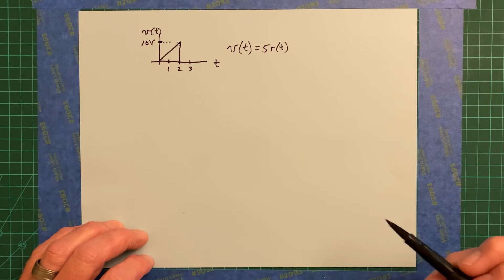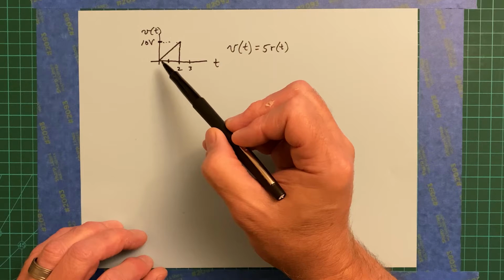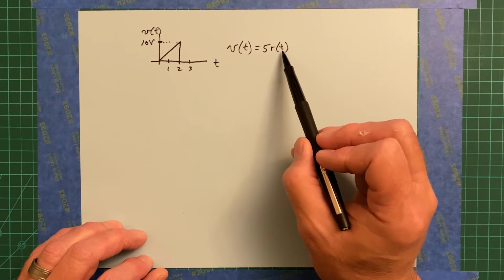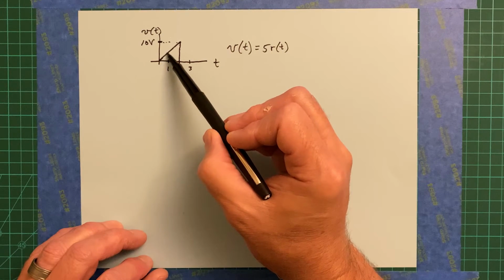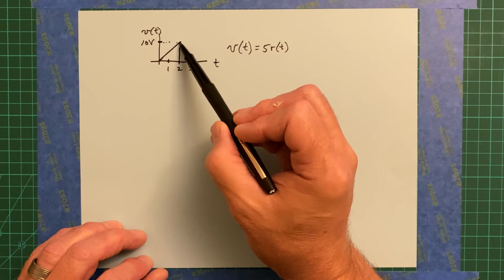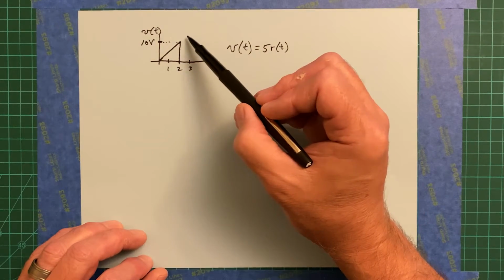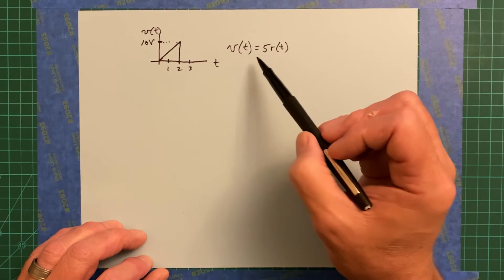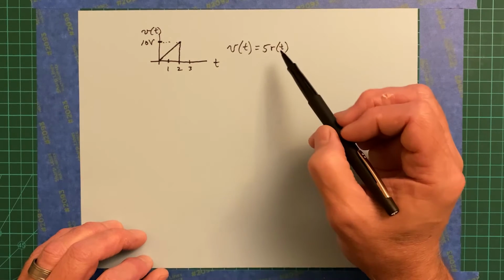So if that's 10 volts, then at t equals 0, the ramp function turns on and it rises up linearly until it reaches 10 volts right there. Now, the problem with this is it's going to continue to rise. So we're going to have to add some more stuff out here to cancel it out. But that'll take care of everything between 0 and 2 at least.